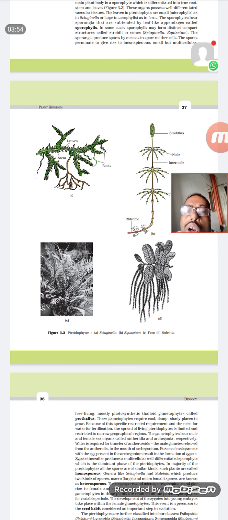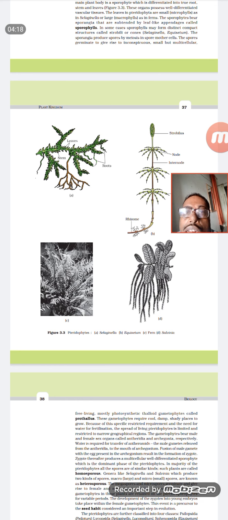That means they use water as a medium of transfer of gametes. And these pteridophytes are very restricted to geographical areas, mainly seen in areas where there is heavy rain and more water logging. Only there can we see these pteridophytes.